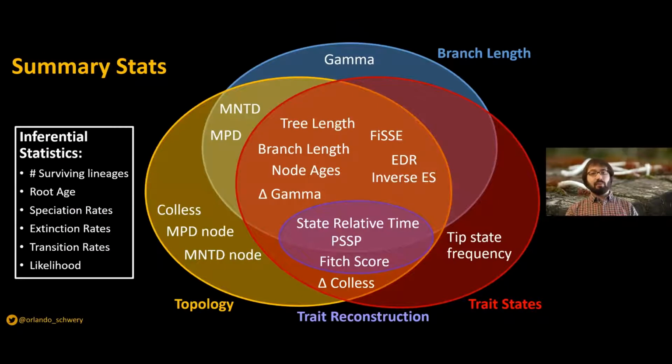So I don't want to talk too much about the summary statistics because there are a lot of them and we're trying out a lot of things. But just to give you a rough idea, they're all different measures that try to capture different aspects of branch lengths, trait states, reconstruction of the trait states along the tree, and tree topology, as well as combinations of those.